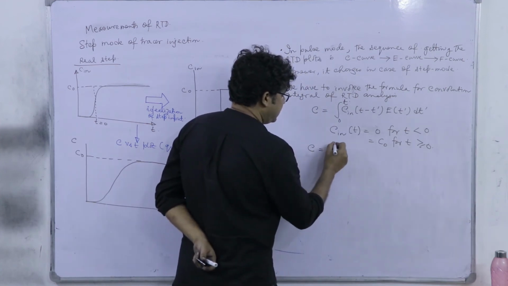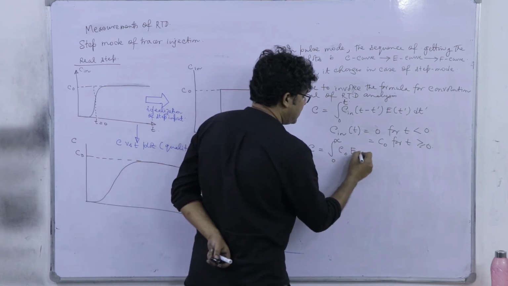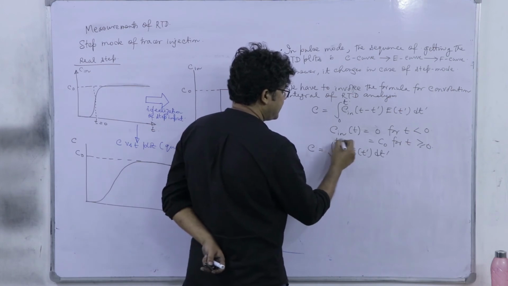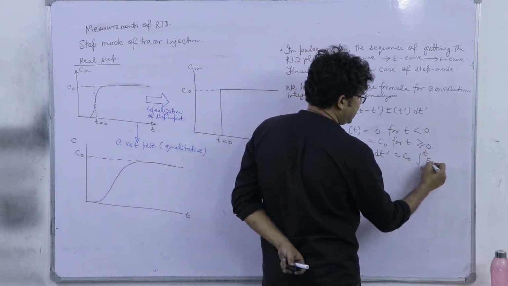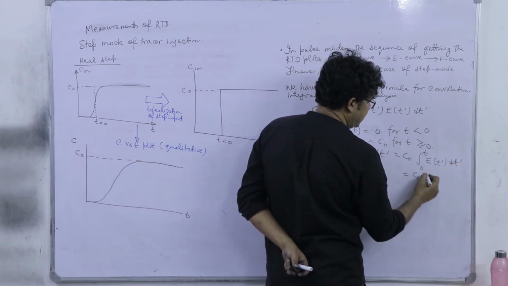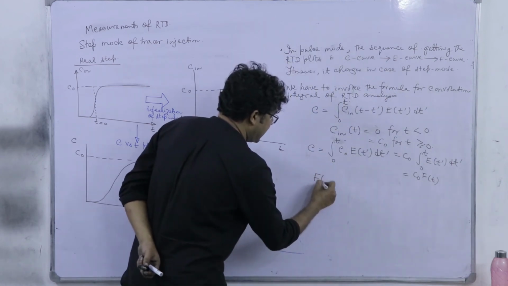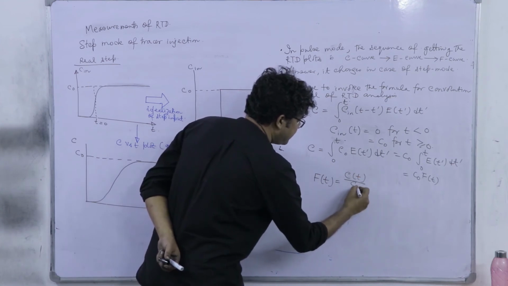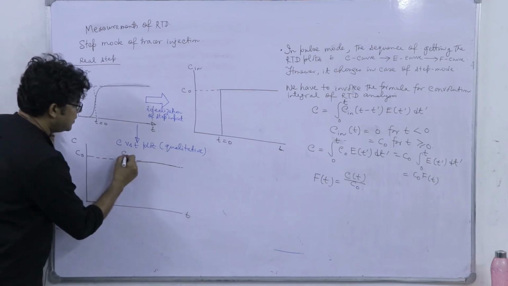So, in case of step input, C out will be C naught times the integral from 0 to t of E(t prime) dt prime, and by definition this is F(t). So, here in step we will get first the F(t) curve from the C curve.